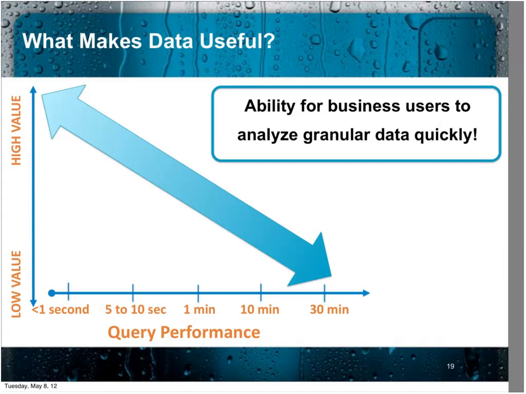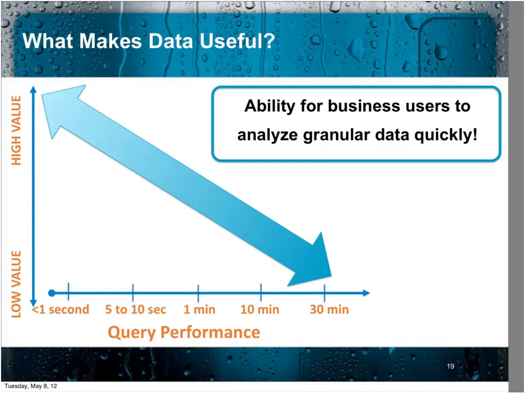And a few folks have actually done this, created some indices that show that as the query time increases, the value of the business intelligence solution declines. So go back to the point that I was making before: conversational response time, 5 to 10 seconds or less, is where the greatest value is realized.